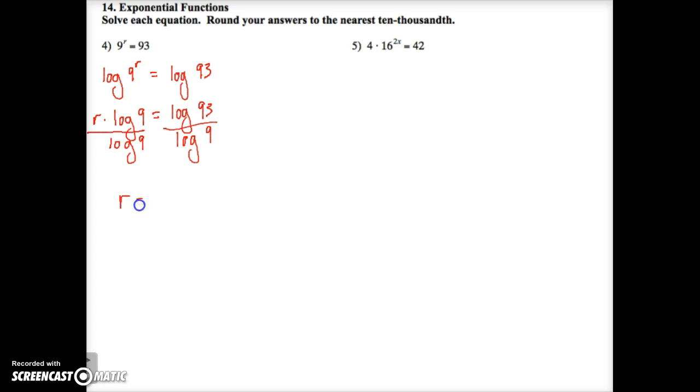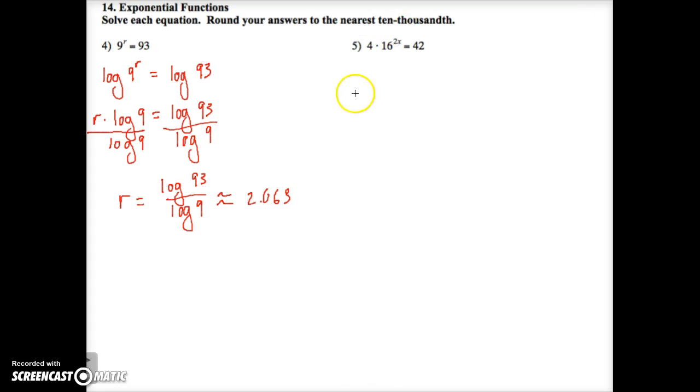And I have r is equal to log 93 divided by log of 9, which in itself is an acceptable answer, or we can evaluate this in the calculator and get an approximation, which is about 2.063, the approximate answer to the nearest 10,000th.